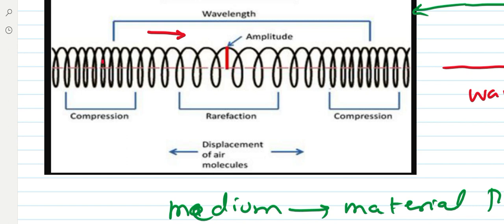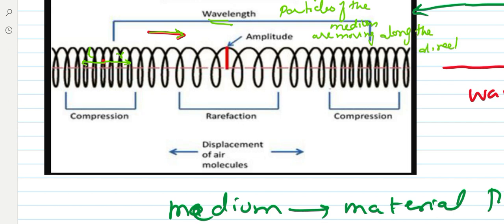If I just consider this particle over here, this particle is moving back and forth and back, forth and back, that is towards right and towards left, towards right, towards left, and the wave is moving in the same direction. So this is a special type of wave in which the particles of the medium are moving along the direction of motion of wave.